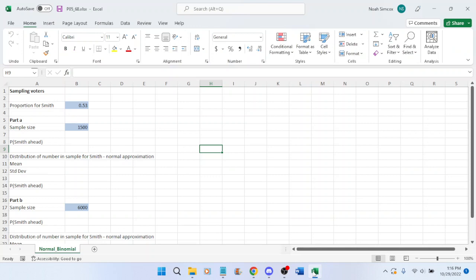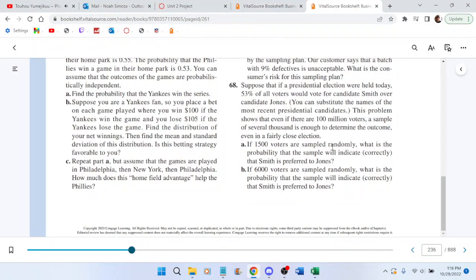Okay, so what we're trying to do is, what is the probability that you will get, hold on. You'll get more than 50 or something? Is it like the probability you'll get more than 50%?